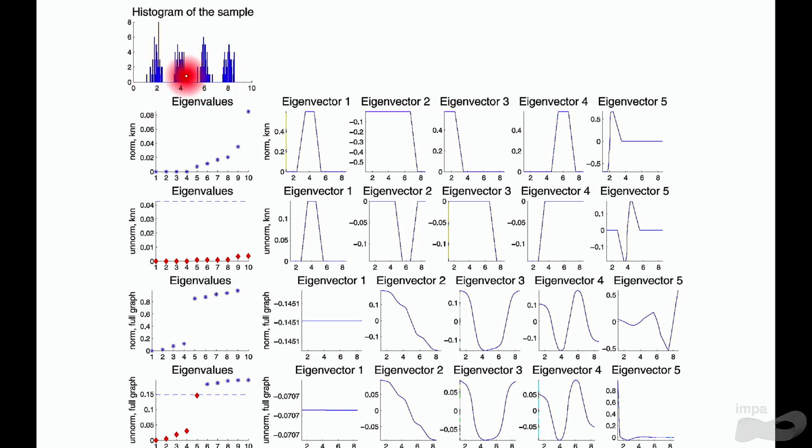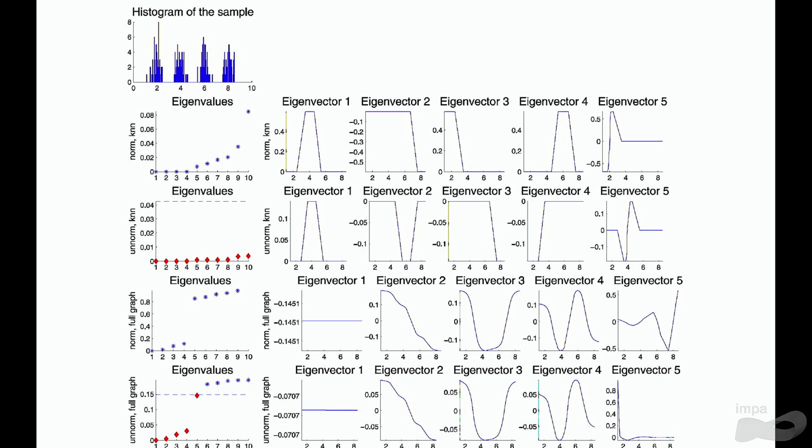These points themselves have some clear separation between them, right? But we are not going to cluster this histogram. Rather, we're going to form a graph. We're going to form a similarity matrix, using a Gaussian radial basis kernel. And then for different choices of the Laplacian, we can ask, what do the eigenvalues and eigenvectors look like?